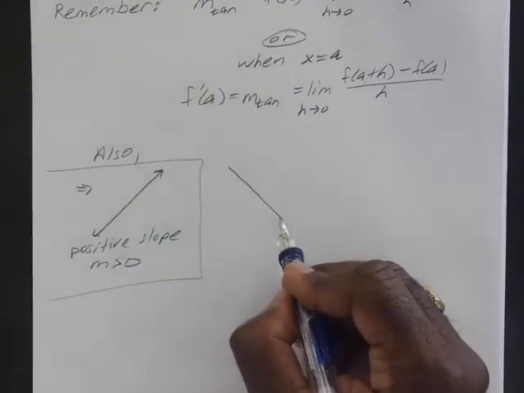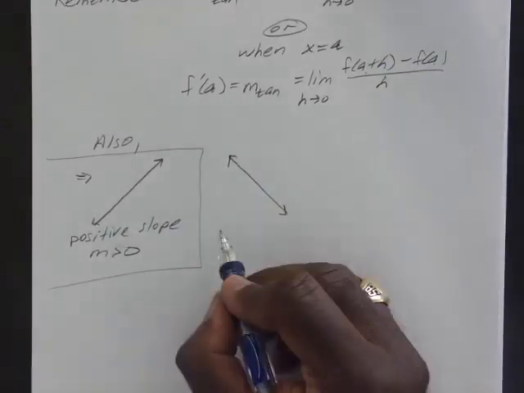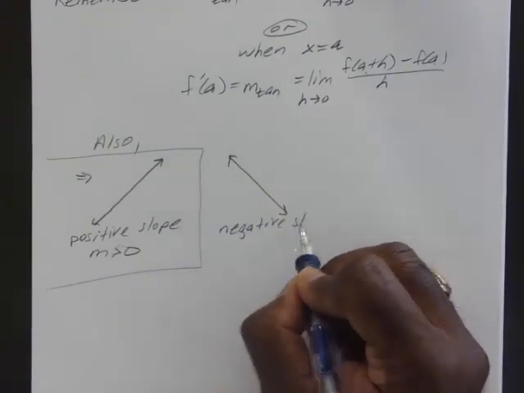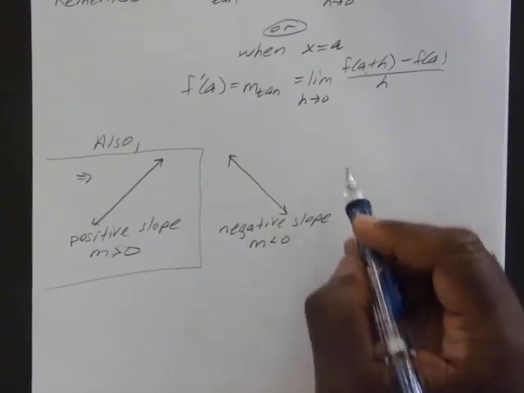And if it goes down and to the right, it's a negative slope. So your slope m is less than 0.